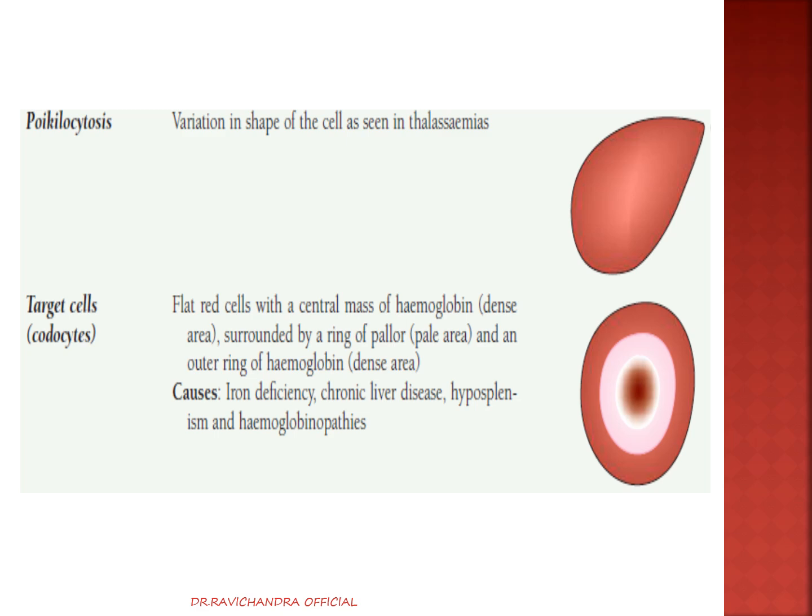So there will be a central ring of pallor, with dense areas outer and inner. This is a classical feature of a codocyte or a target cell. Target cells are seen in iron deficiency anemia, chronic liver disease, hyposplenism, and in hemoglobinopathies.